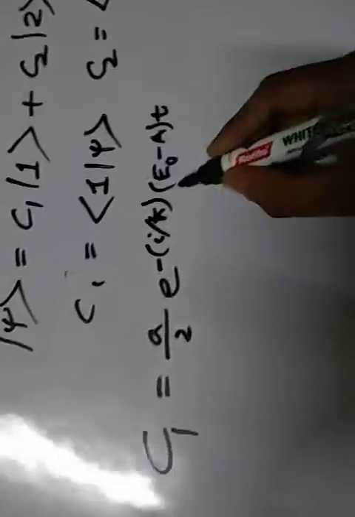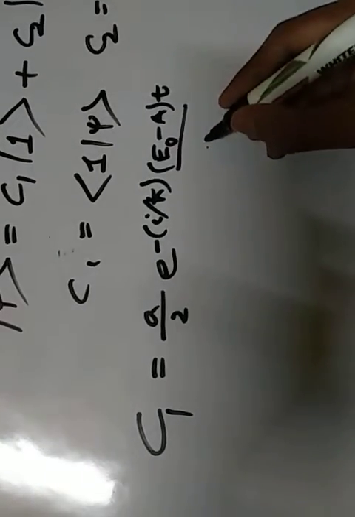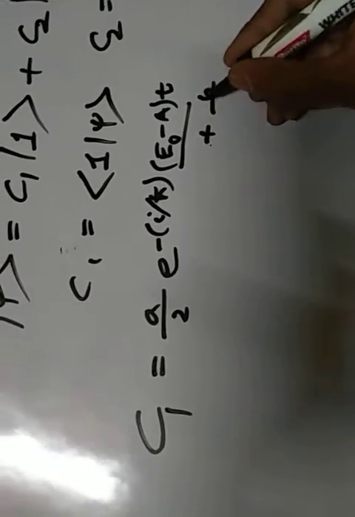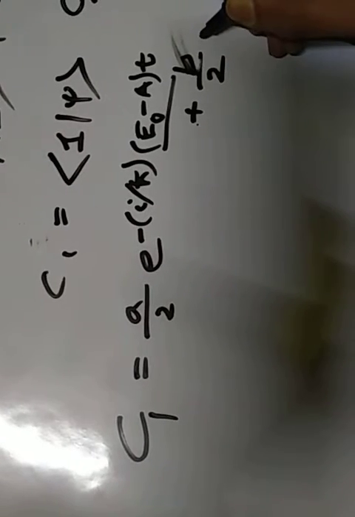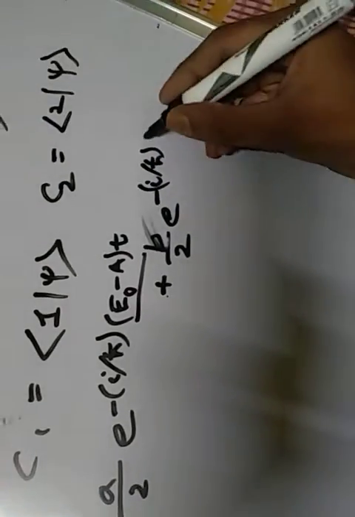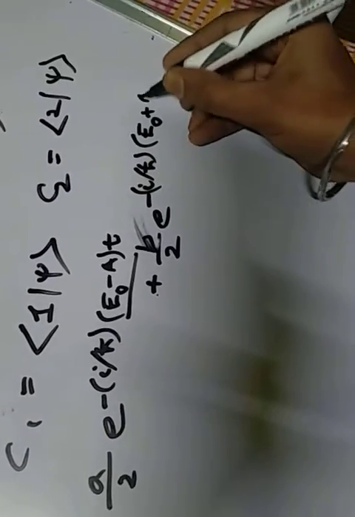Mind it, E0 minus A, something less than the base state energy which we have considered, plus b/2, take this as b, e to the power minus i/ħ (E0 plus A) t.